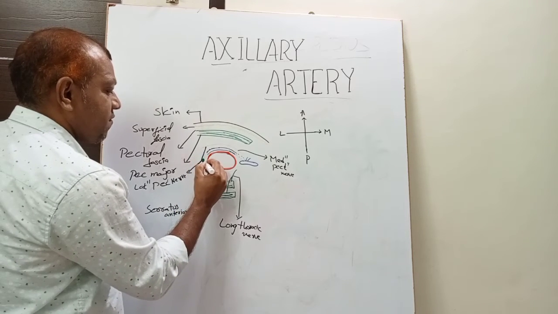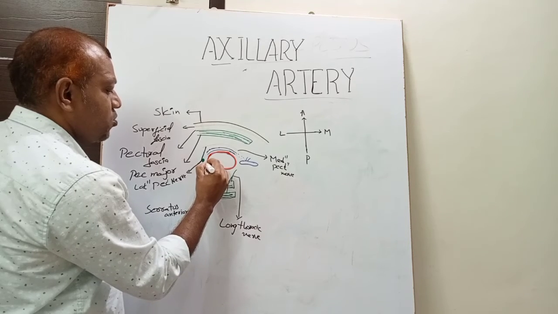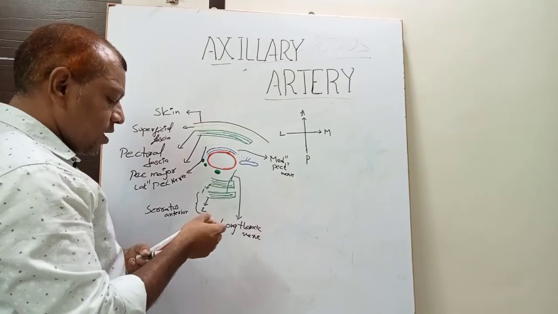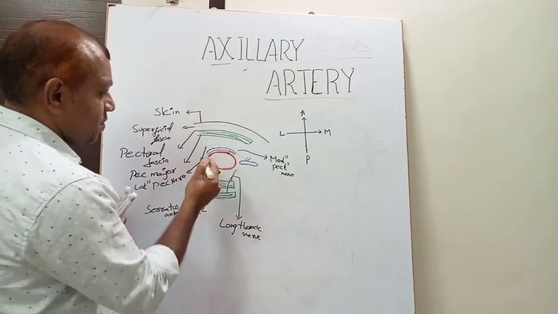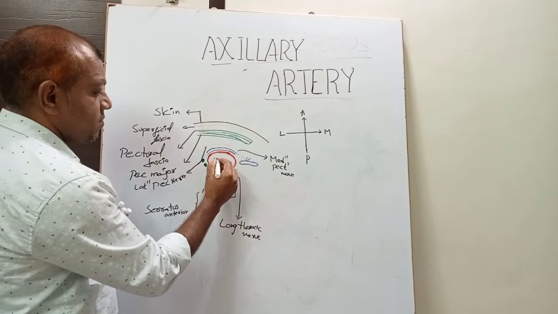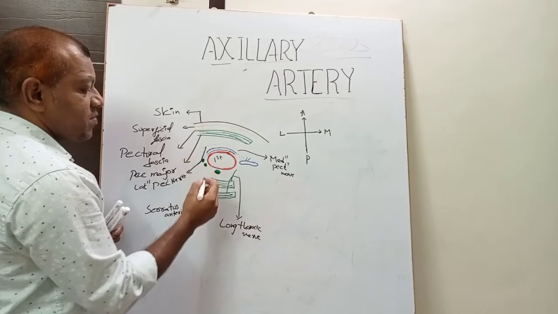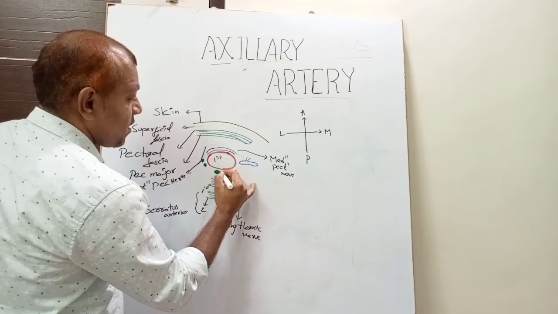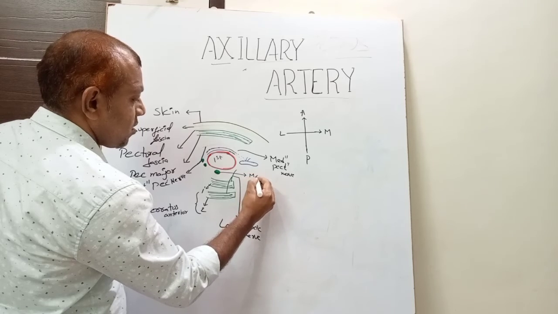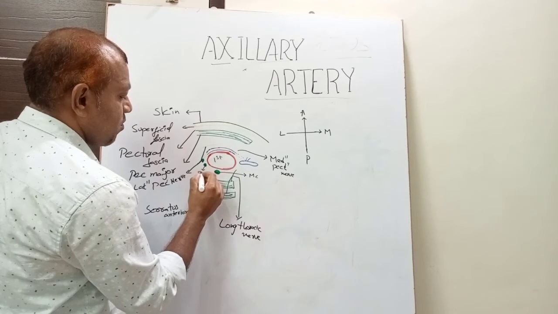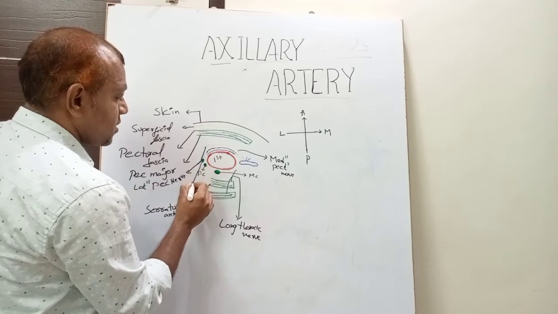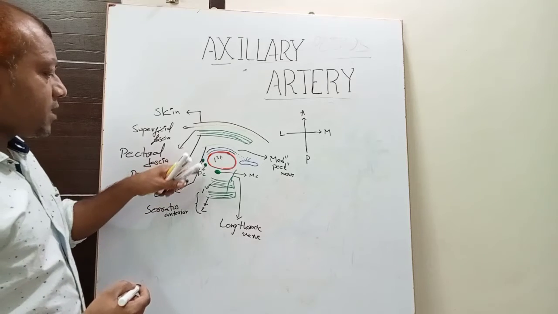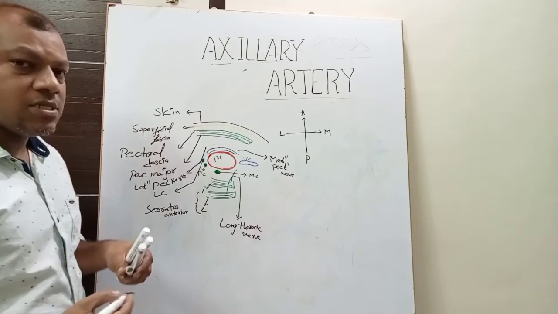One is the lateral cord of brachial plexus and the other is the posterior cord. Okay, so try to remember lateral cord and the posterior cord are present lateral to the first part of axillary artery, and posterior to the first part we can identify the medial cord. Write down, this is the medial cord, and this is posterior cord, and this is lateral cord. Okay, LC means lateral cord, PC means posterior cord, and MC means medial cord.